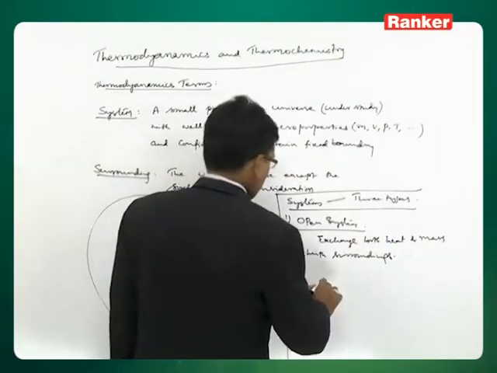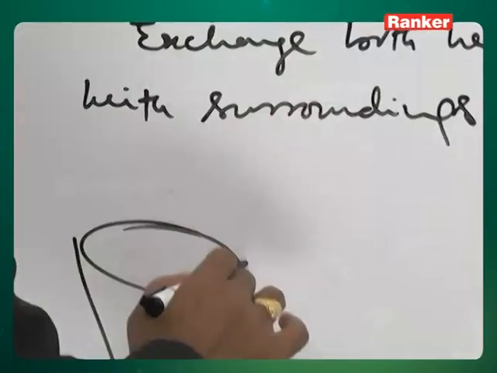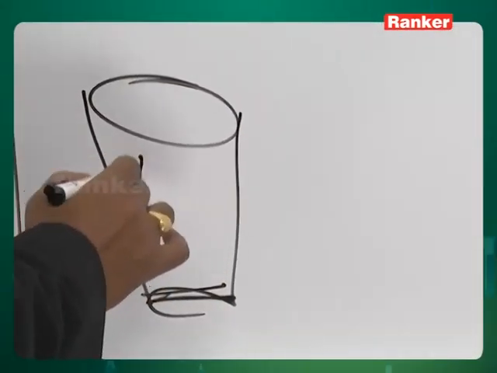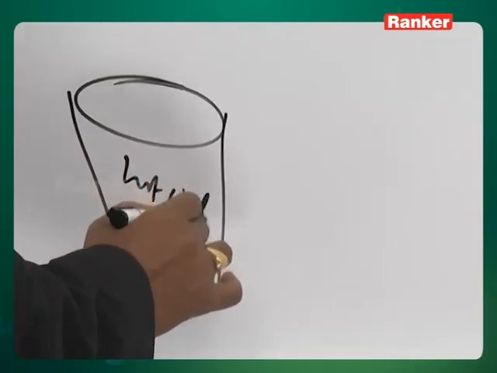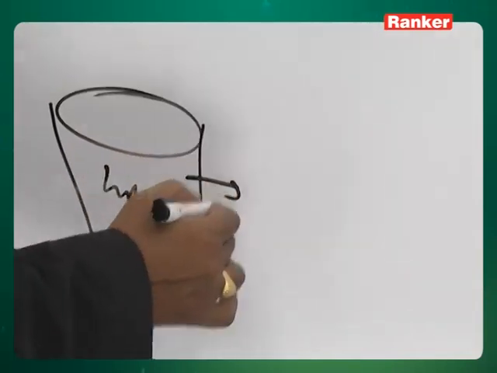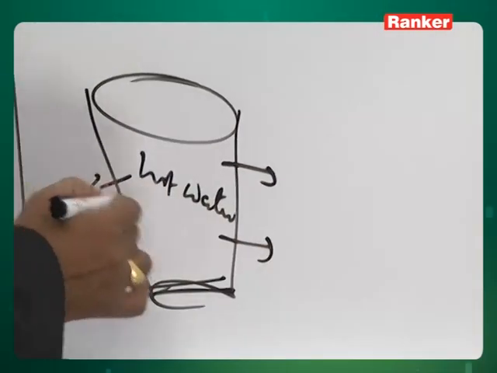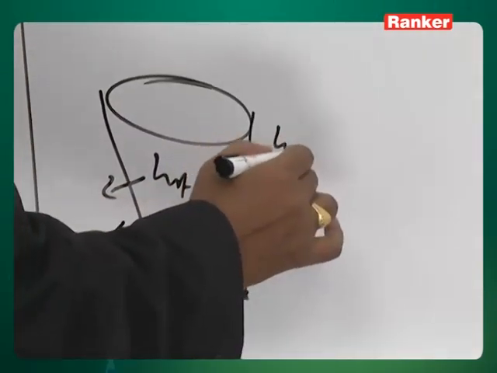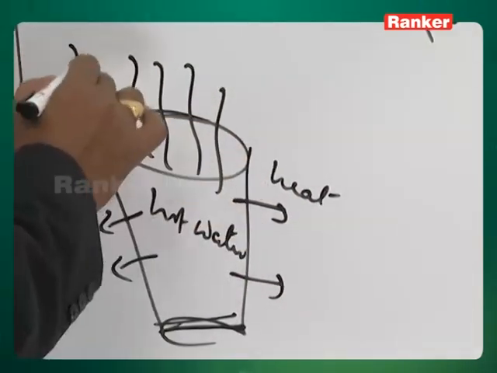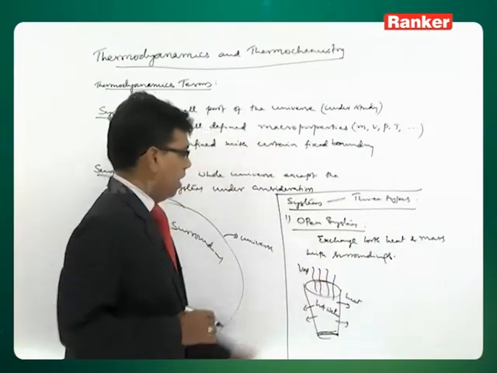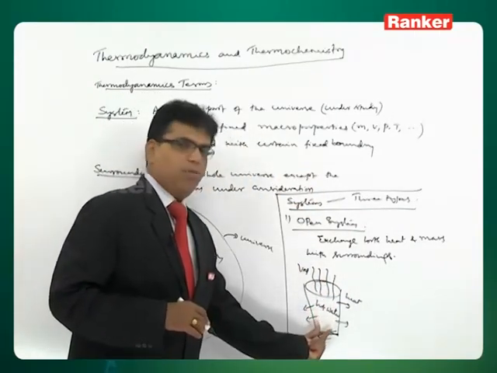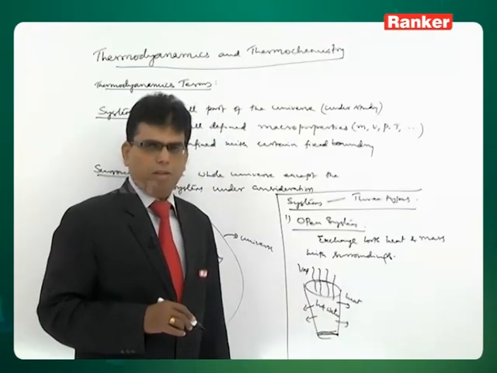Suppose you take hot water in a tumbler. Heat will transmit through the walls, and from the opening the vapors will escape out. As vapors escape, there will be a decrease in the water level in the tumbler.